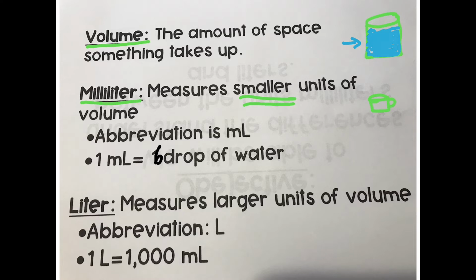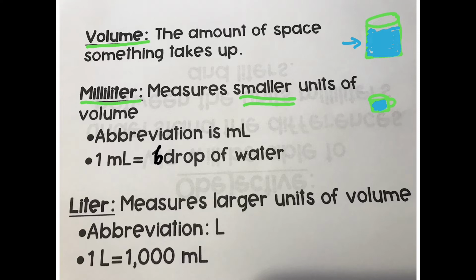So there wouldn't be too much liquid inside. Okay, so we would want to measure it in milliliters. Or maybe teaspoons. We use teaspoons. These are my teaspoons. You guys like them? If we were to measure some liquid on a teaspoon, then we would want to measure it in milliliters.